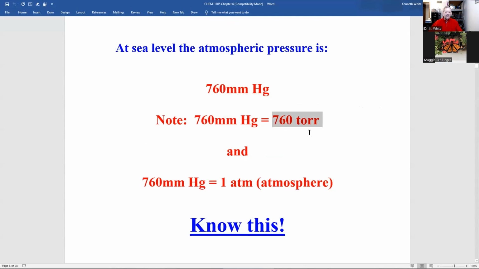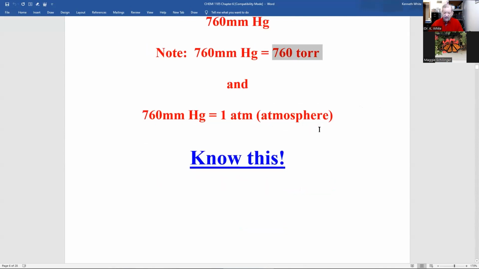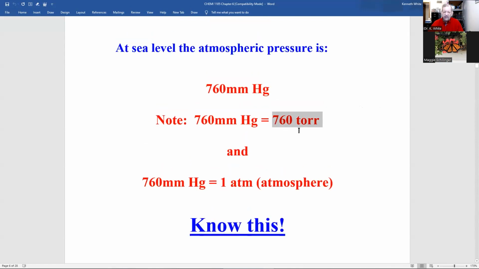Because of this, and for certain things I'll teach you later this chapter, chemists also created a new unit for gas pressure, the atmosphere, abbreviated ATM. By definition, 1 atmosphere at sea level, no storms, equals 760 millimeters of mercury. I don't have it here, but that also equals 760 torr.